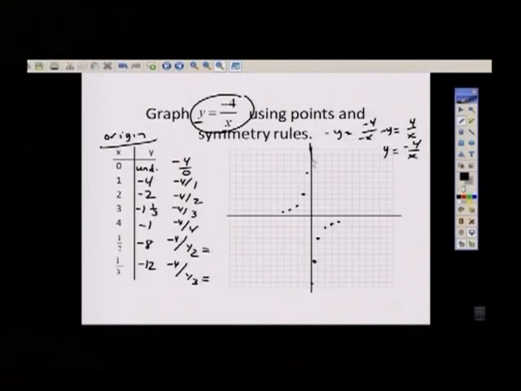So this graph does not cross the x or the y-axis, but it is symmetric with the origin. By graphing this branch, I was able to locate the other branch as well without having to substitute more values in.